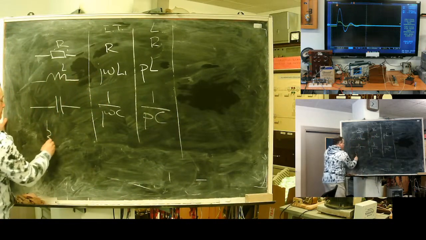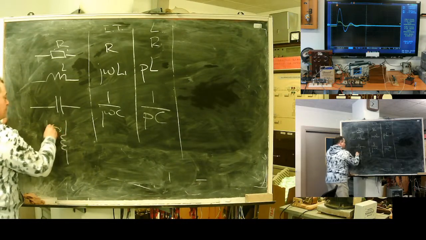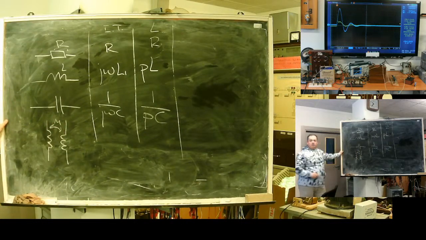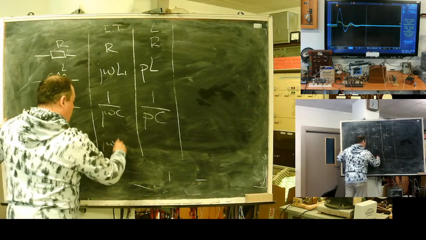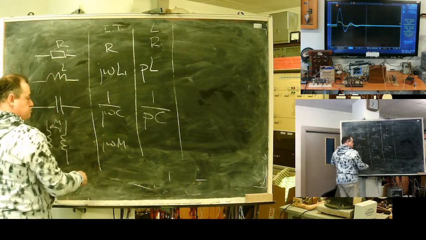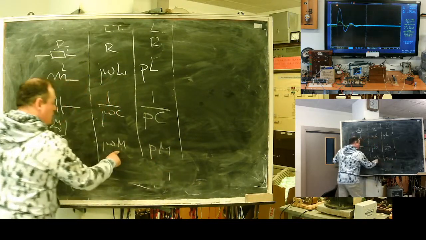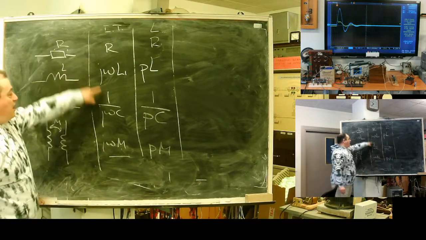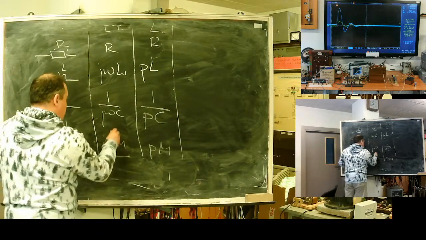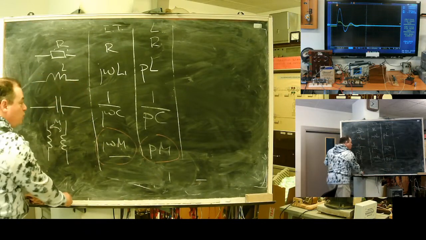And mutual inductance, coupled coils: omega M, so pM. What kind? If these are diagonal elements, I'll show it in red. It's M to O.